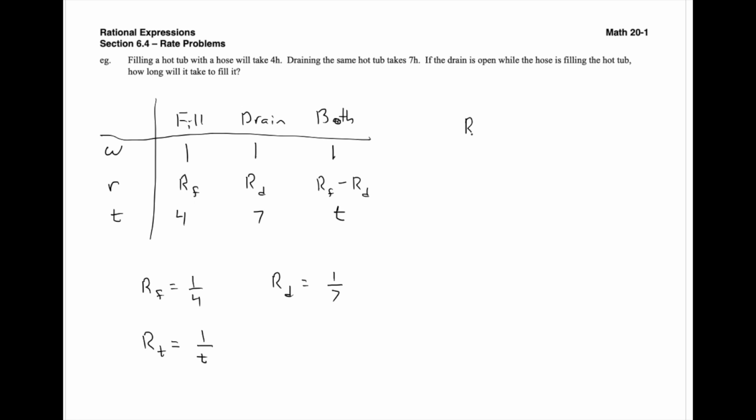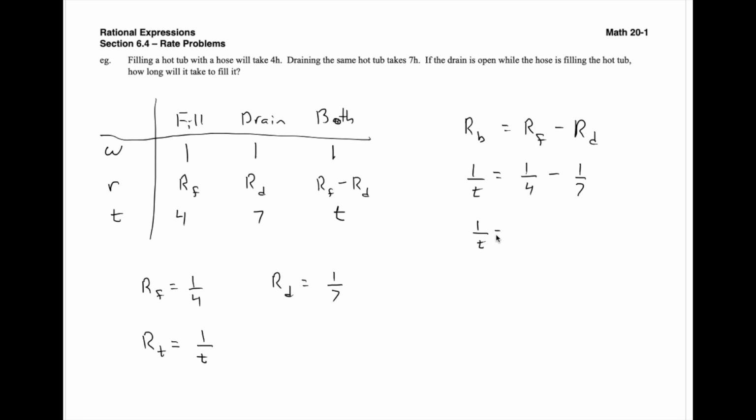So the rate at which it's being filled when both are working together will be the rate that it's filling minus the rate that it's draining. So the rate for both of them will be that 1 over t. The rate filling is 1 over 4, and then the rate draining is 1 over 7. And so again, I get a rational expression that I can solve.